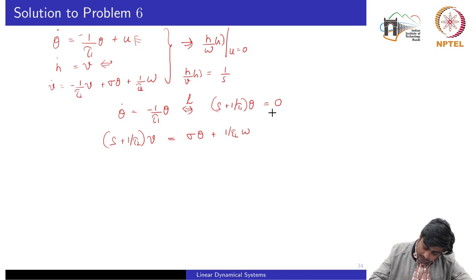So there could be two outcomes from here. If this tau 1 is positive, then I can say that theta would definitely be equal to 0.